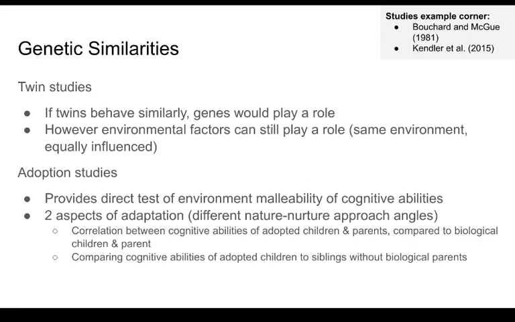For adoption studies, there are two different angles they can look at this problem. One is the correlation between children and the parents, the adopted children and the foster parent, and then comparing it with the biological children and the biological parent.